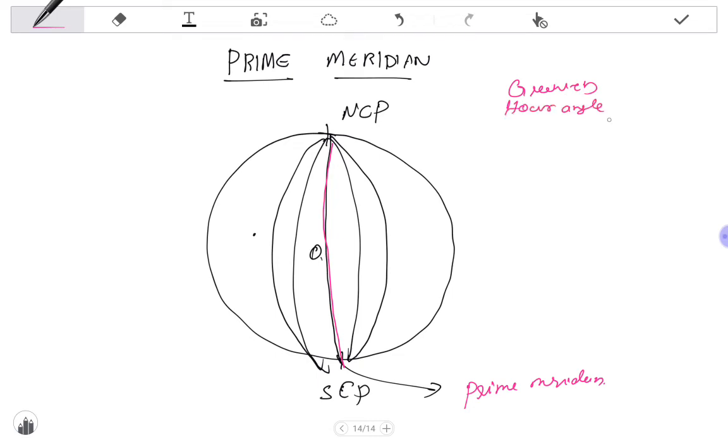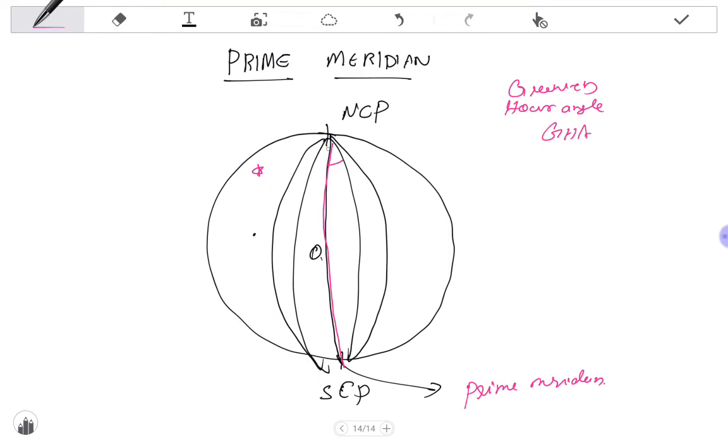So earlier we discussed hour angle, that is the angle at the celestial pole between the two celestial meridians. So let's assume we have a celestial body on the celestial sphere.